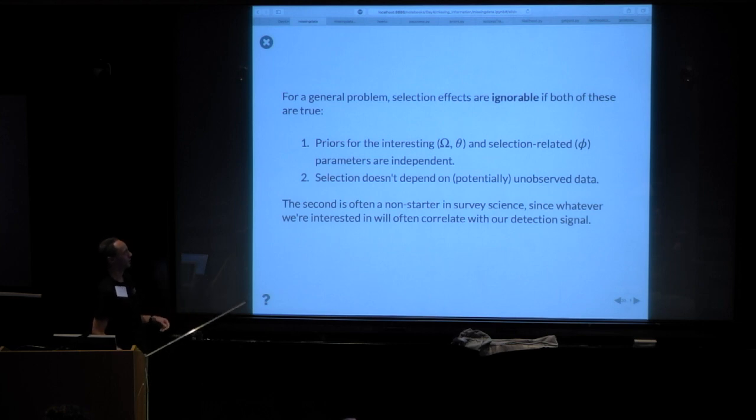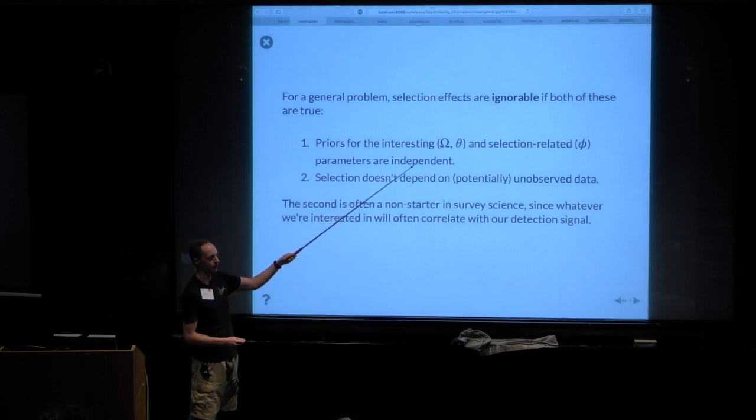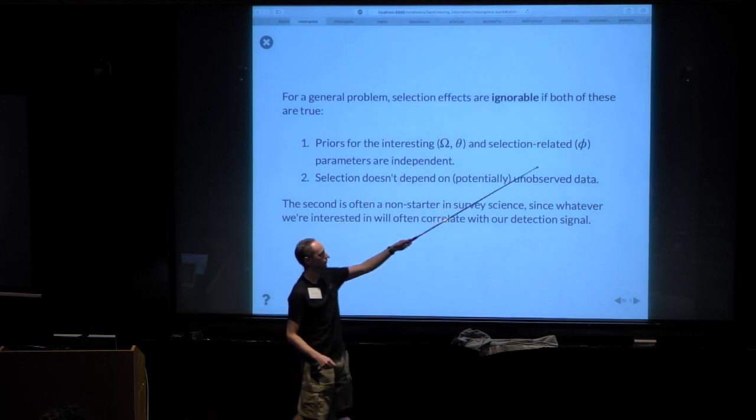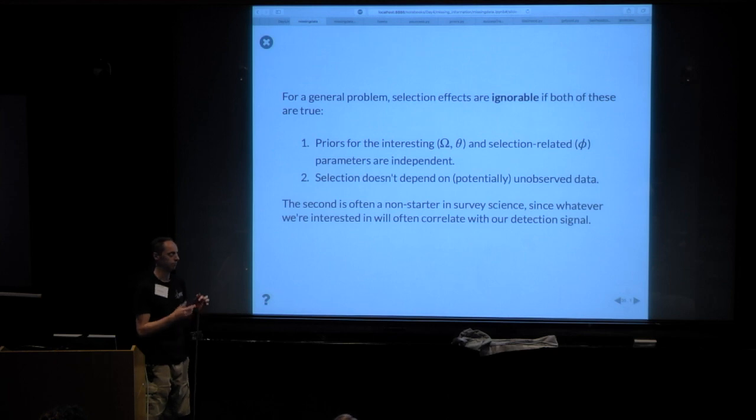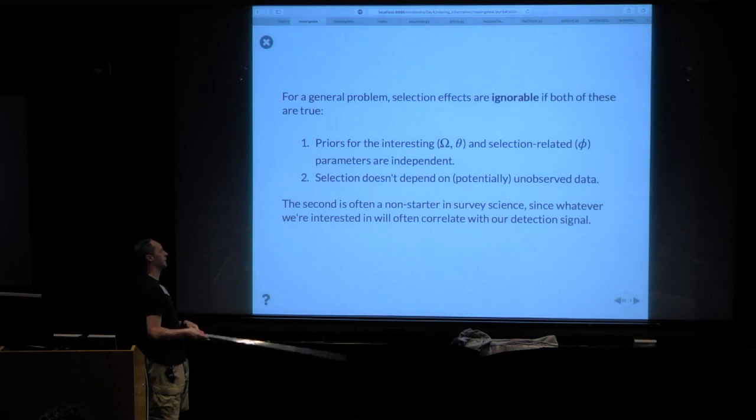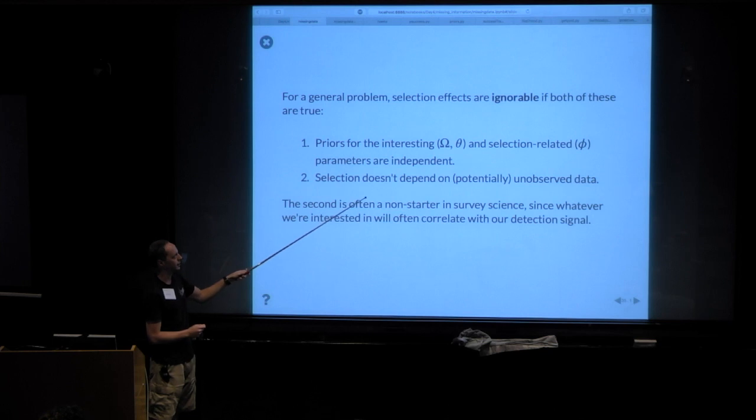If these two things are simultaneously true: first, the priors on parameters that you care about, and any of those additional parameters that might exist that have to do with selection only, are independent. I don't know if that's true in your case. It might be. Often we can just construct them to be that way. But here's the one that kills us for surveys. You would need selection to not depend on potentially unobserved data.